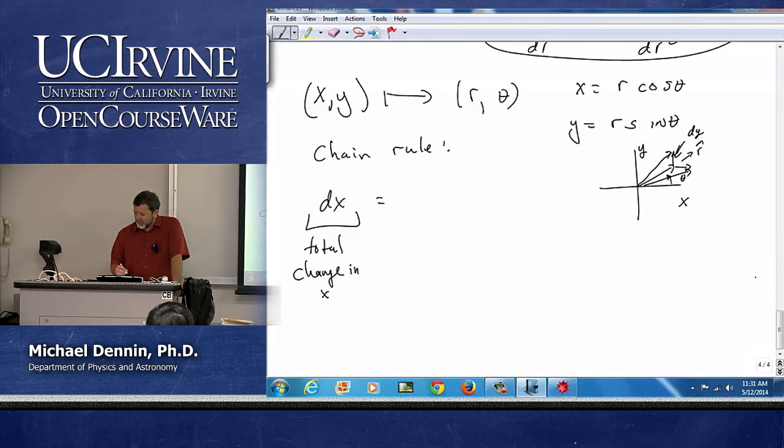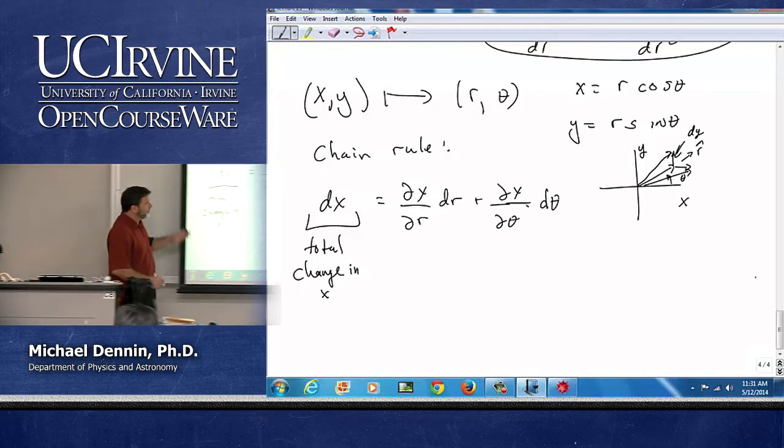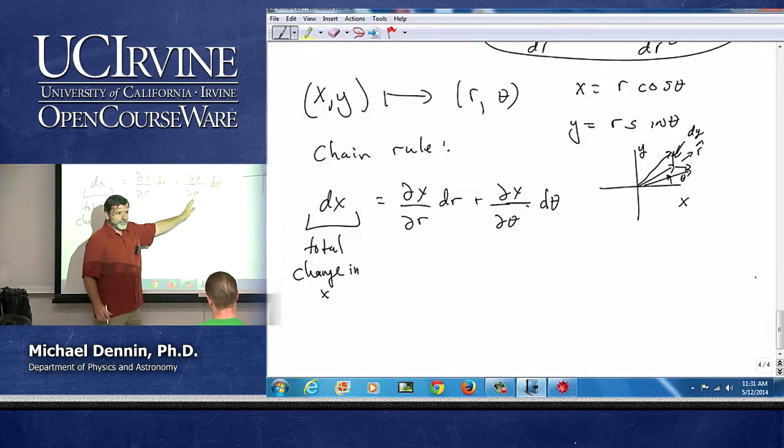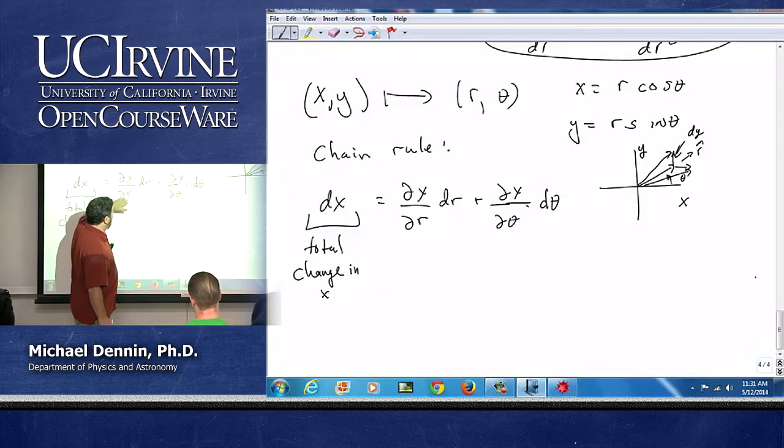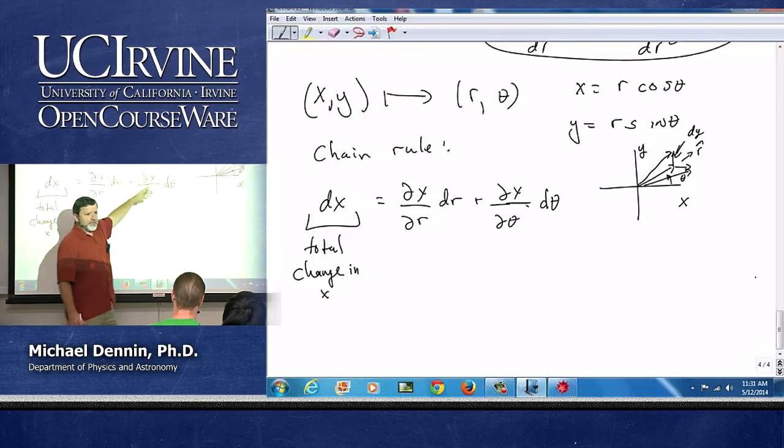Well, that comes from the chain rule. It's simply whatever changes in x occur because of a change in r plus whatever changes in x occur because of a change in theta. And we like in physics to be a little sloppy. We just think of these differentials as things that we can cancel.